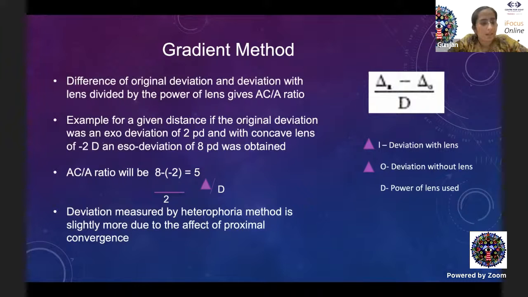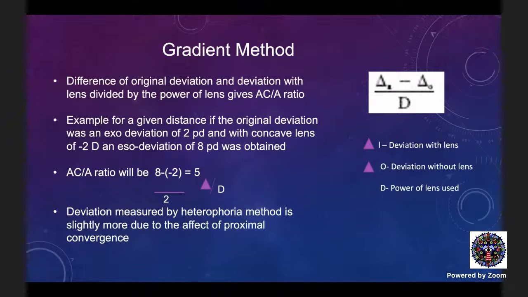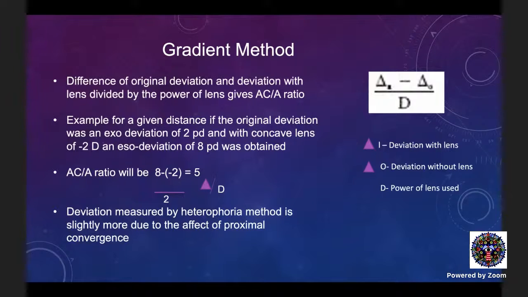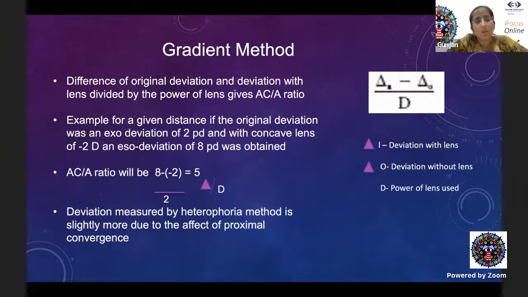That would be the AC/A ratio in this case. So in the gradient method, we use the deviation with the lens minus the deviation without the lens, divided by the power of the lens which was used.